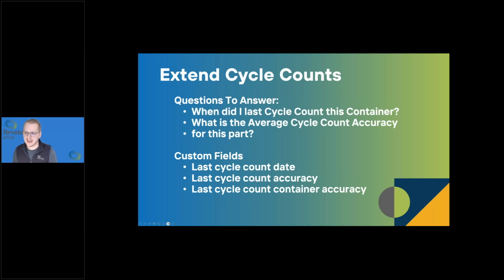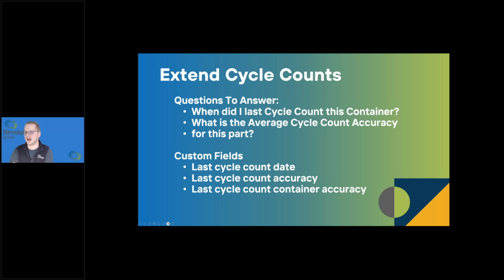Really, you need both kinds of accuracy metrics. If you counted a container and it was 100% correct, great. But if your overall inventory cycle count accuracy was 20%, well, that's not great. That's really telling you that you have an issue with this inventory, and you may or may not be able to trust that accuracy.